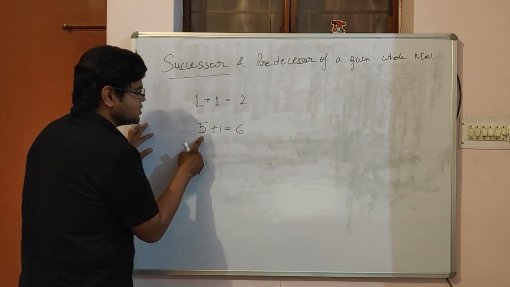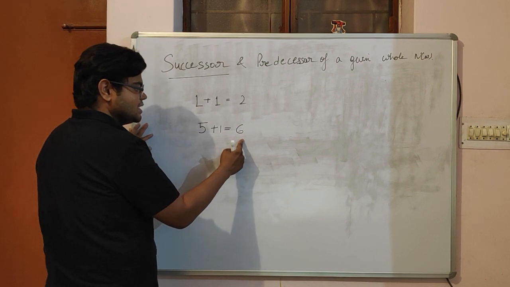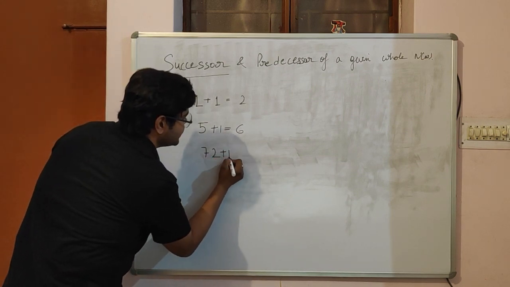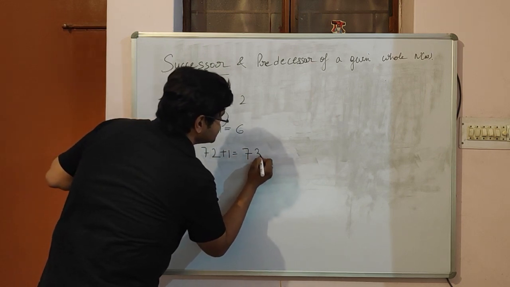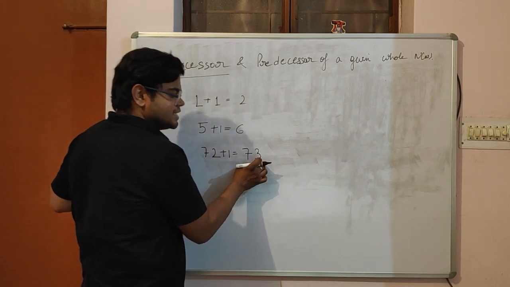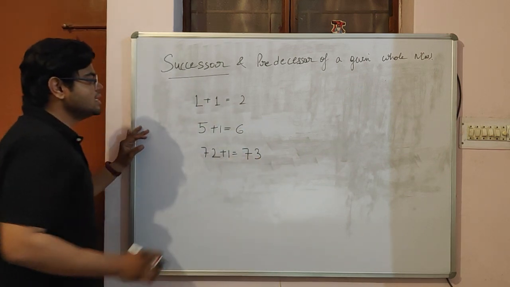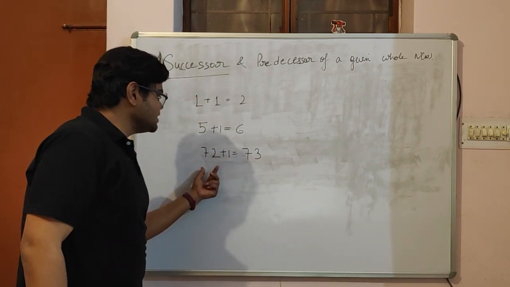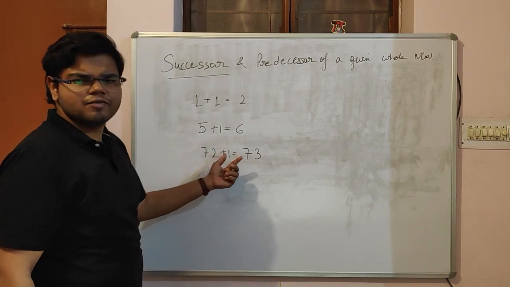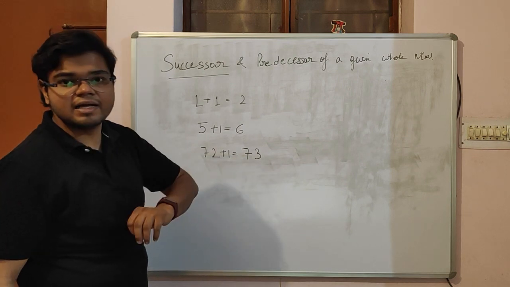So what is the successor of 5? 6. If we had 72 and we add 1 to it, then the result will be 73. So what is the successor of 72? It is 73. So what is a successor? The successor is 1 more than the number. How can we get it? We just add 1 and we get the number.